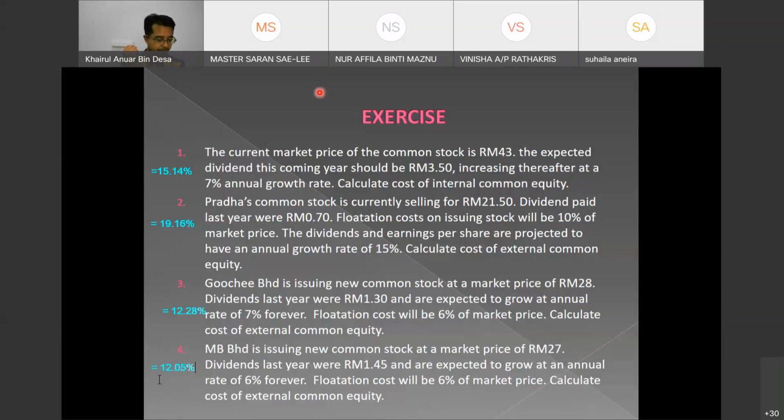So kalau you tengok situ, the market price is 27 ringgit. Here, 6% flotation cost is 6% out of the market price. Okay, Nisha? Number 1: annual growth is also 6%, flotation cost also 6%.